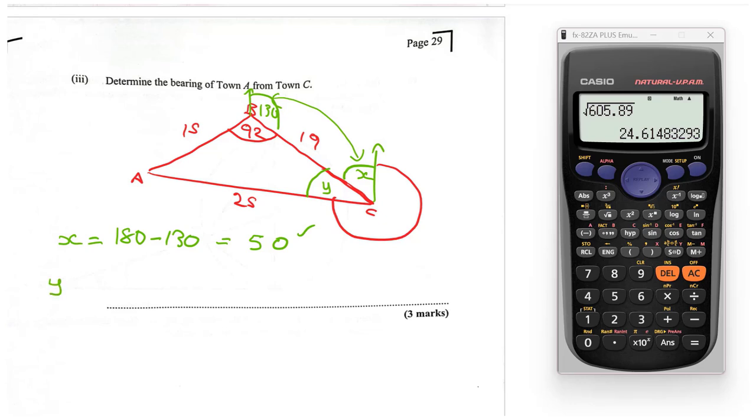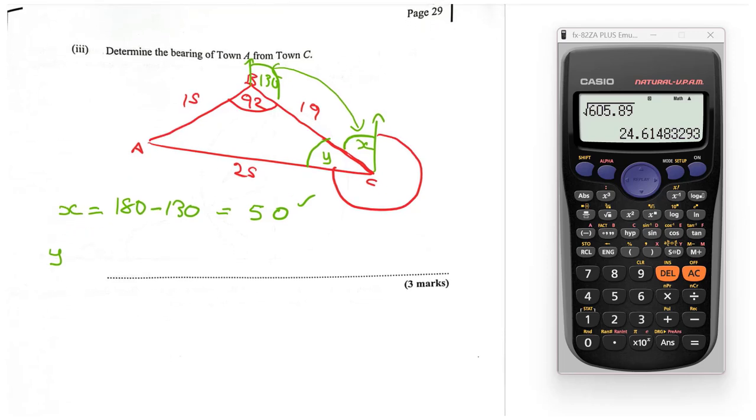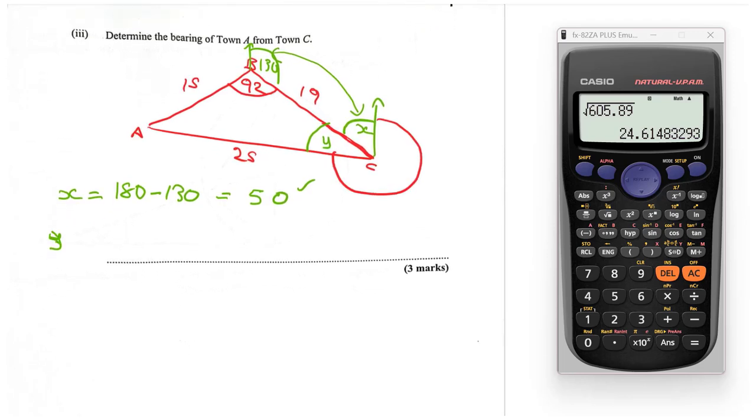Now, what about Y? In order to find Y, we need to use one of our rules. We can use the sine rule. Now, we have the angle of 92 inside. So we can say that sine 92 degrees over 25, because the angle 92 is associated with the 25, must be equal to the sine of Y divided by 15.